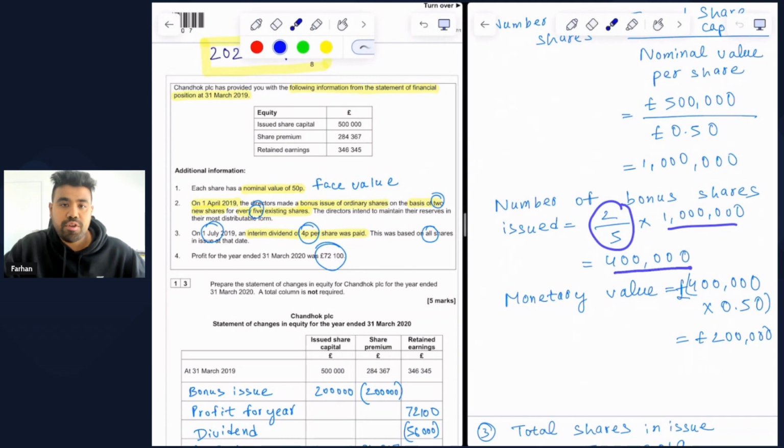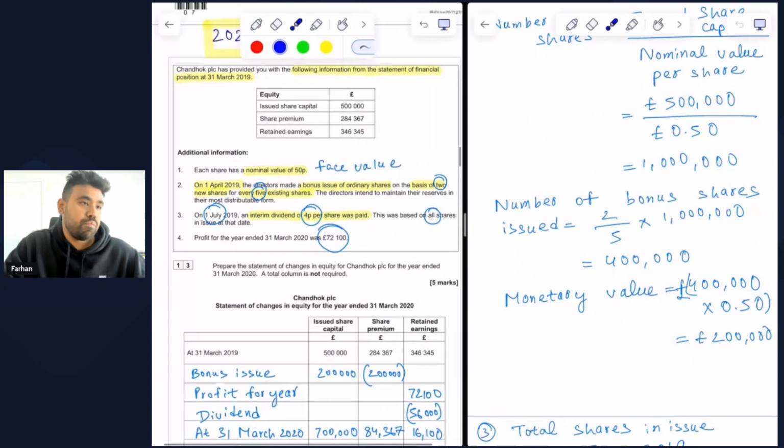Now, what is the monetary value for these bonus shares? We know that each share has a nominal value of 50 pence, which can be written as £0.50. So we just took 0.50 and multiplied it with 400,000 shares, and therefore we get a monetary value of £200,000 for bonus shares.